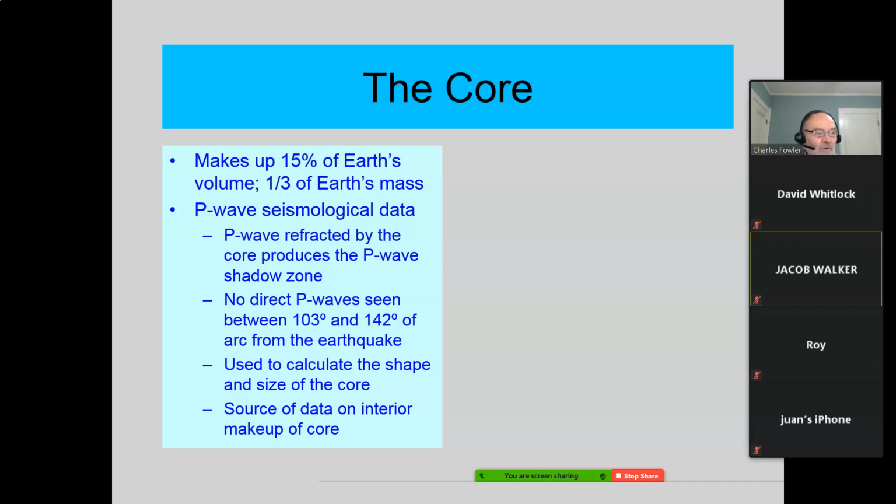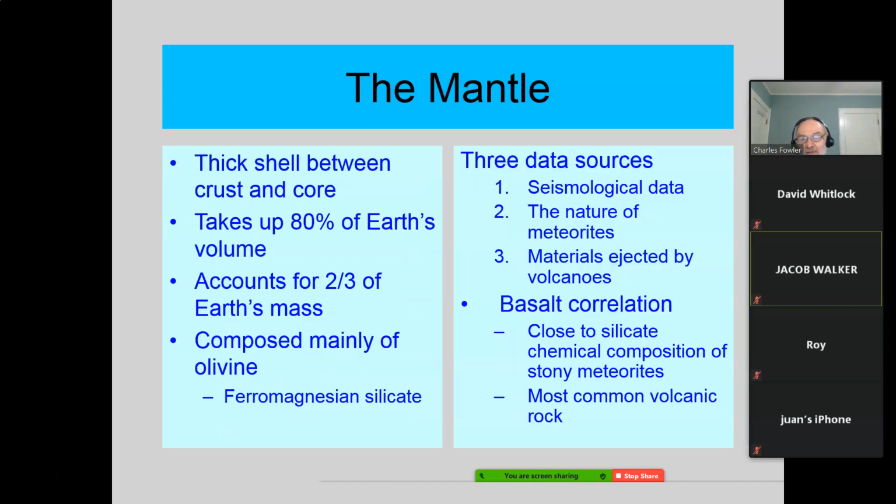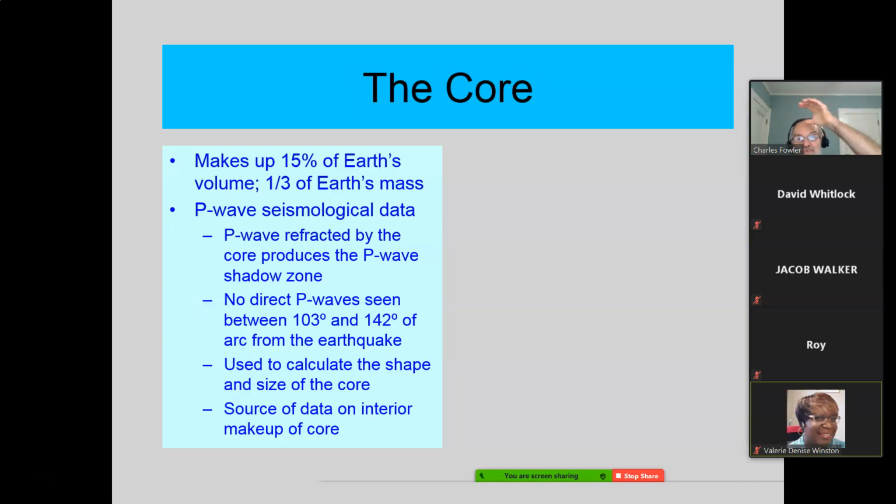So let's move to the core. No, we're never going to get close to the core. It makes up about 15% of the Earth's volume. Now, what volume was the mantle? 80%. The core, 15%.